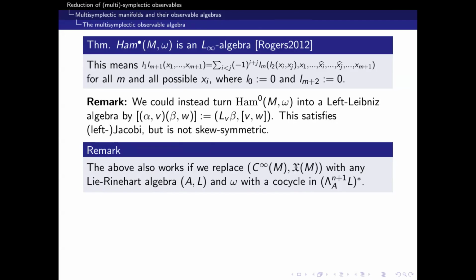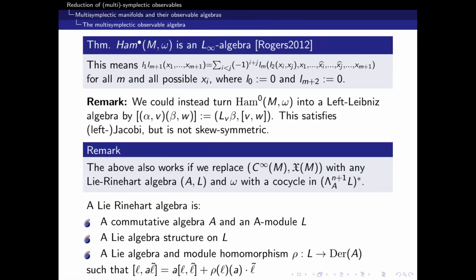It will appear a little bit later, but the identities are already written here. So we have a commutative algebra, not even just associative, but commutative. We have a module over it. The module is a Lie algebra, and the Lie algebra knows how to derive elements of A, and we satisfy the Leibniz identity with respect to that.